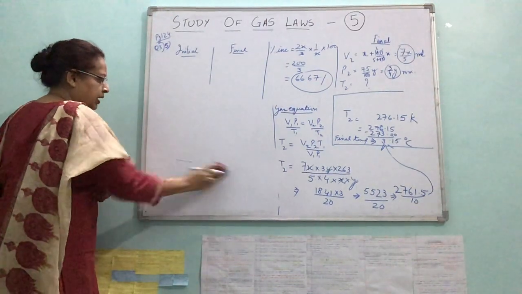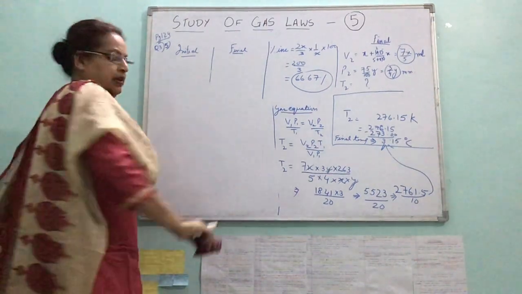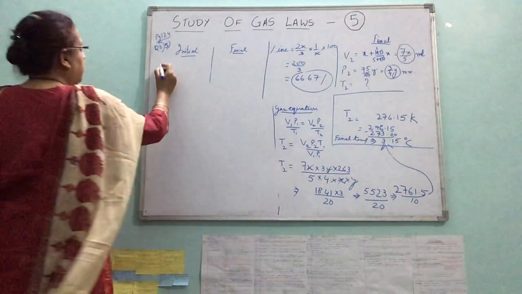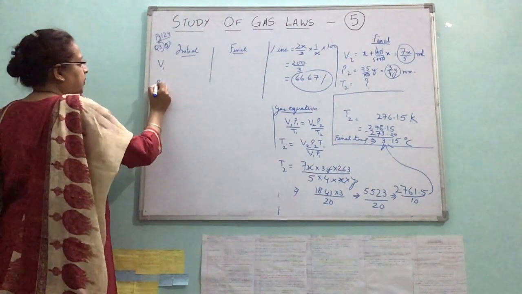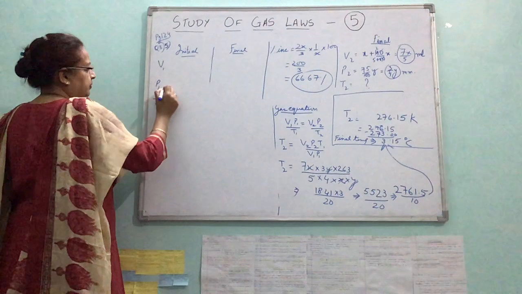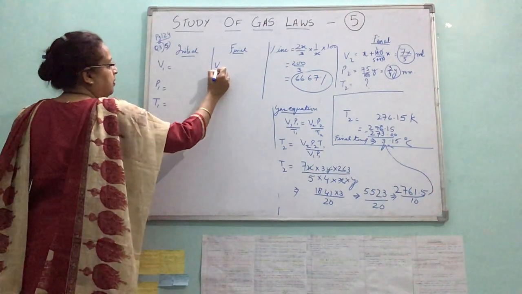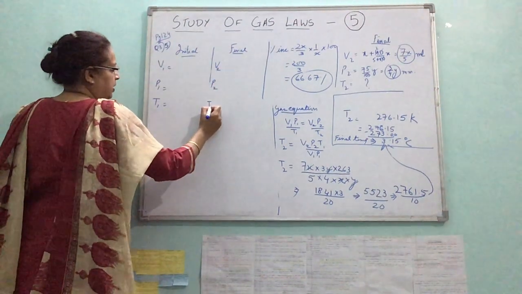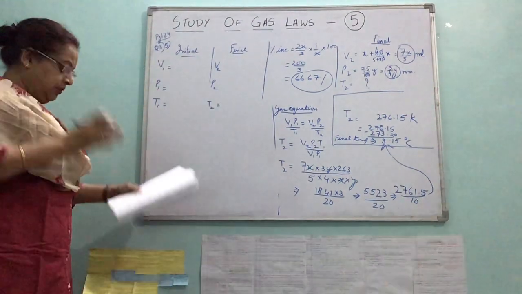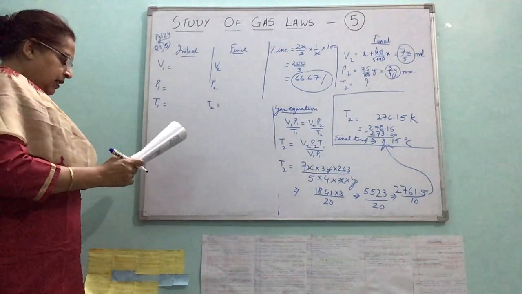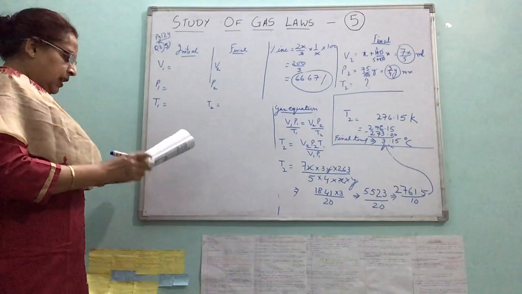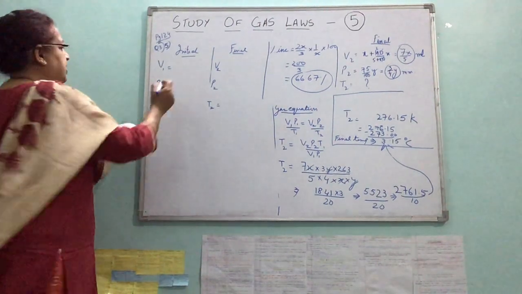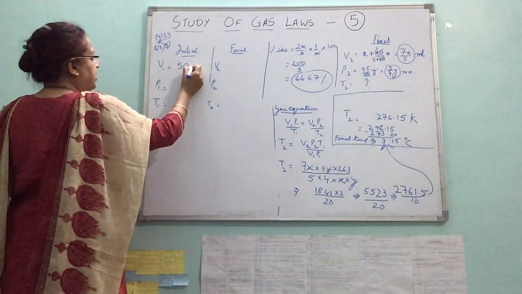Let's write down. Initial, final: V1, P1, T1; V2, P2, T2. So what is the original volume? If the volume of the gas collected is 50 cc, original volume is 50 cc.